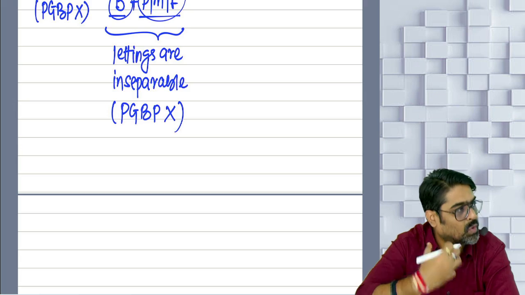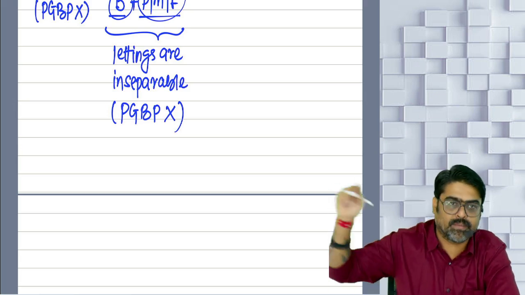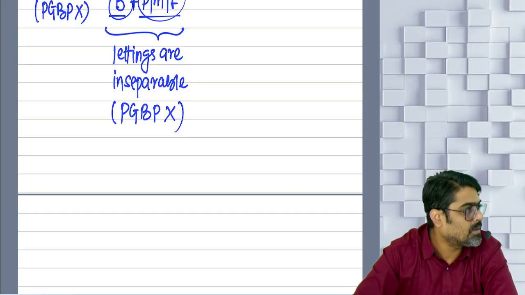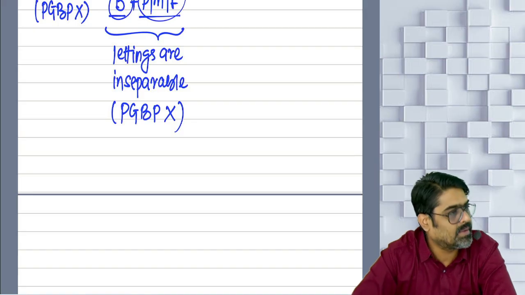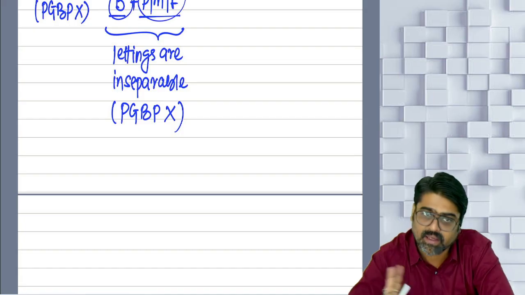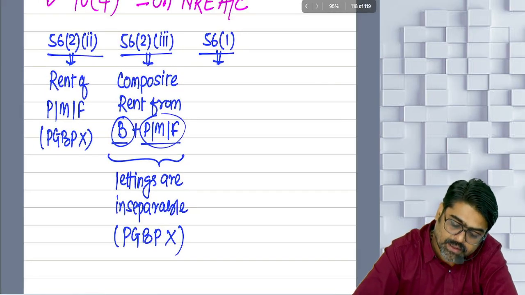If so, that rent will go to PGBP. But if I cannot charge it under PGBP, then the composite rent will be taxable under the head IFOS. Yes or no? Specific charge, done.